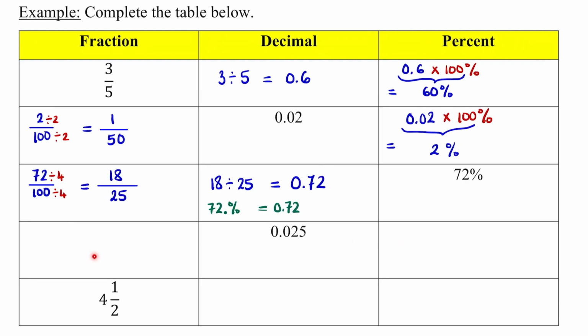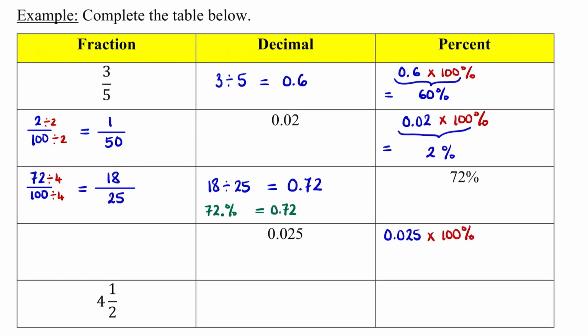Next row, I'm given a decimal of 0.025, and I want to convert this to a fraction and also to a percent. To convert 0.025 to a percent, I will need to multiply this by 100%. And I'll take 0.025 times 100, which is 2.5%.